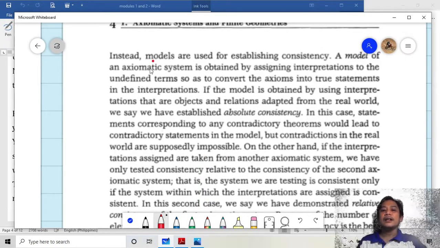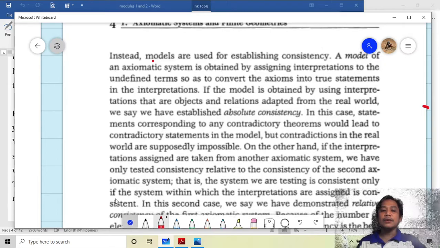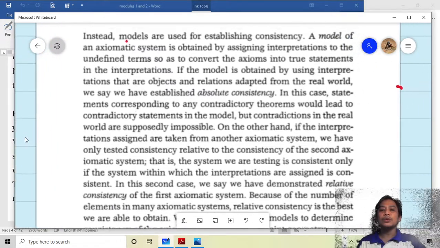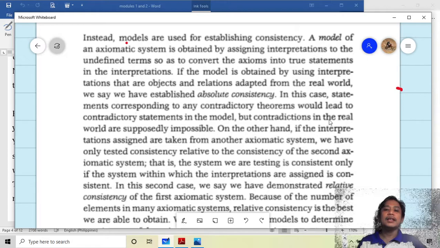Models are an interpretation of an axiomatic system wherein undefined terms are converted into concepts, and then axioms are represented using this representation. So it is said to be consistent if the model shows that all axioms are true in a single model.